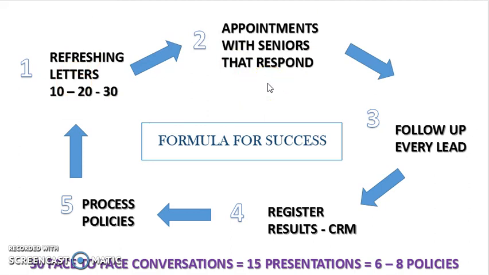Number two, these are the appointments with seniors. You can do door knocking, you can call them, whatever's easier and works better for you. Personally, I like to see people face to face, and then I'll call them once I have a personal connection with them. Even if I don't see them in their houses, I leave them a letter letting them know that I'm assigned to their case, so I can make an appointment.